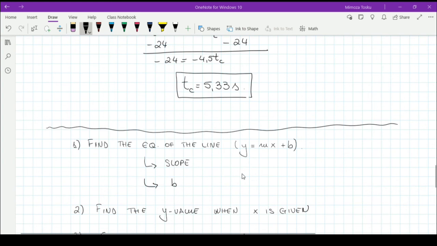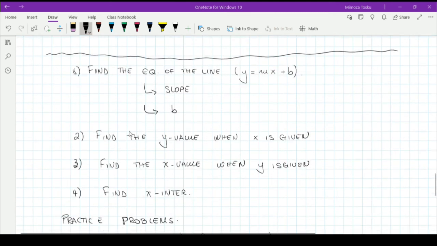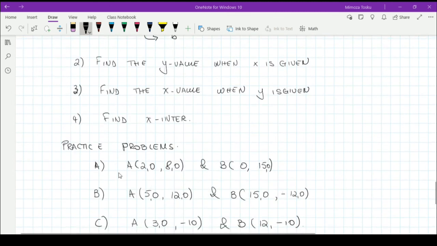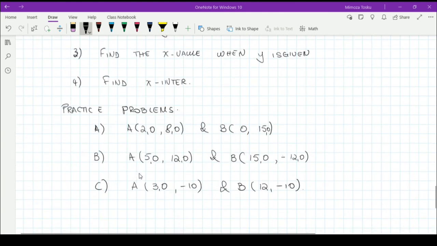Now, as practice, I want you to find the equation of the line in the y-intercept form, find the value of y when x is given, find the value of x when y is given, and then find the x-intercept for those practice problems here. Now you may ask, what is the value of x or y?